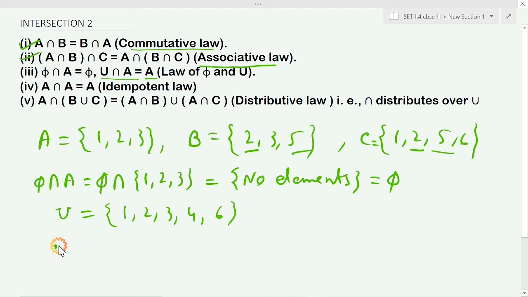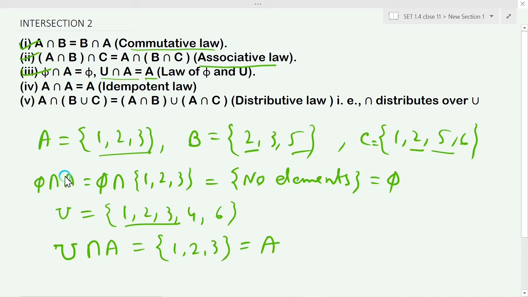So U intersection A equals, we get, 1, 2, 3, which is common in both A and U. The set 1, 2, 3 represents the set A. So we get U intersection A equals A. Okay, so this completes the third property, and these are called laws of phi and U.